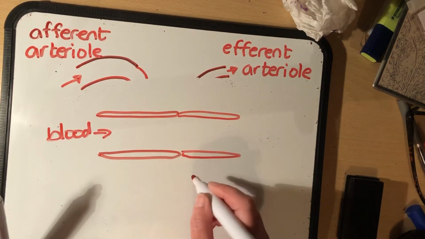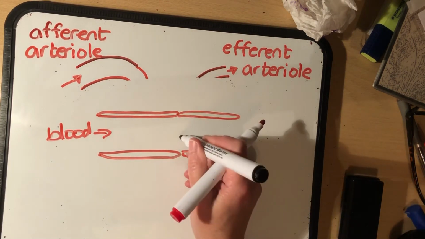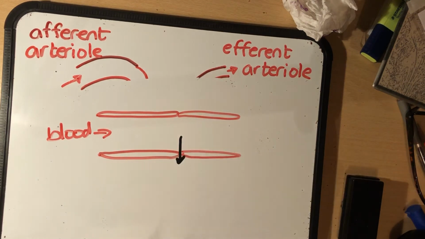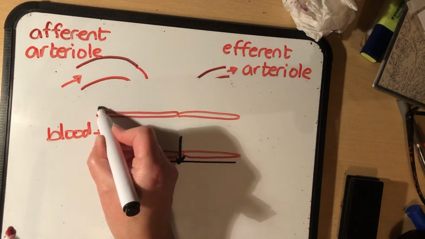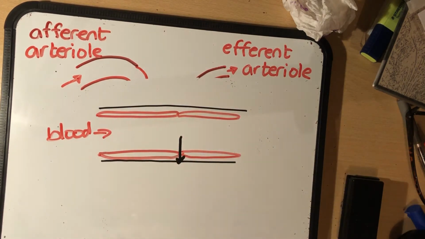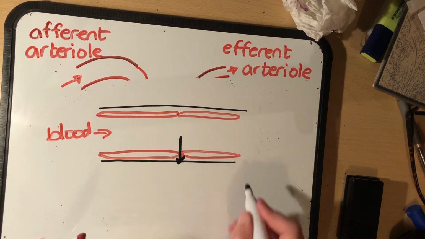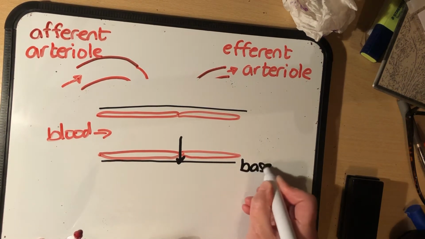So when you've got high pressure, fluid can be forced through that pore. Now, there's another structure that you probably don't know about, and it's really like a mesh of fibers called the basement membrane.